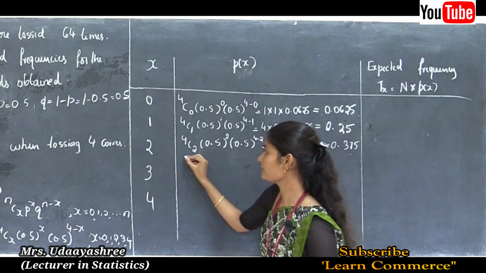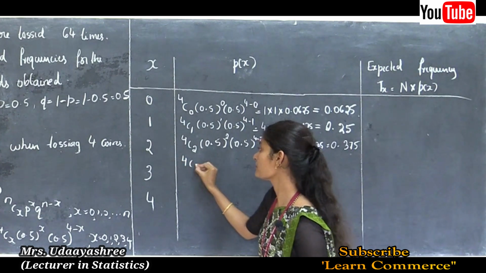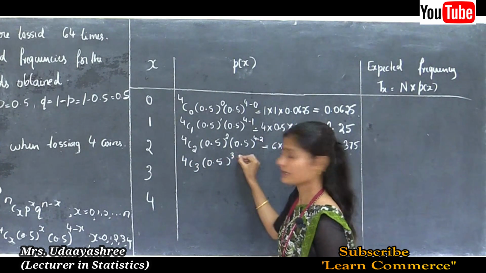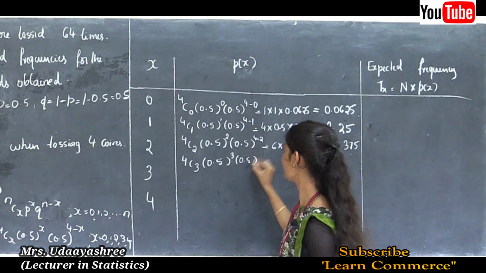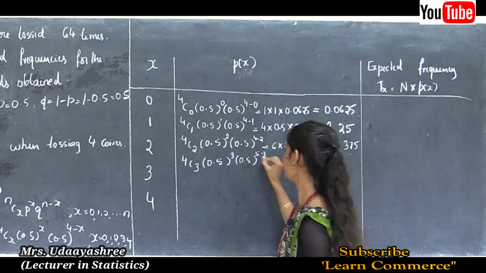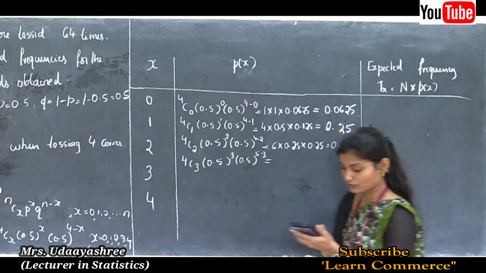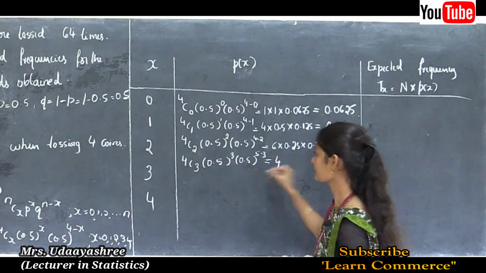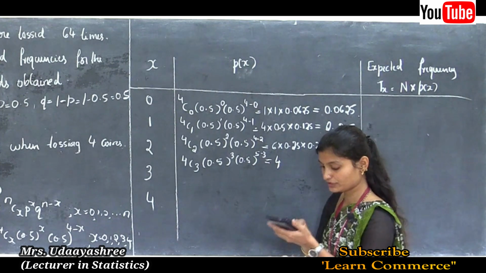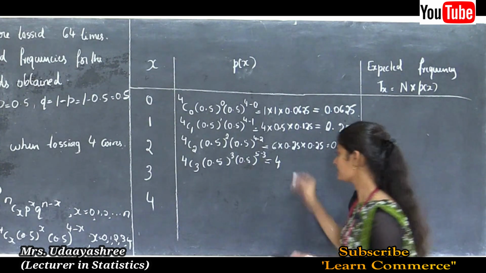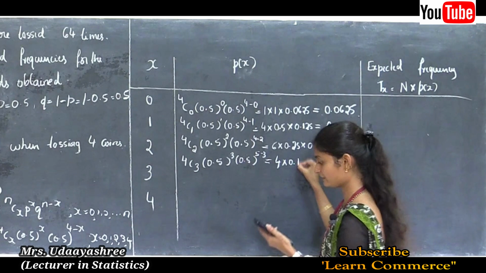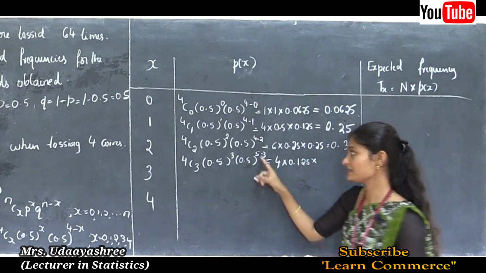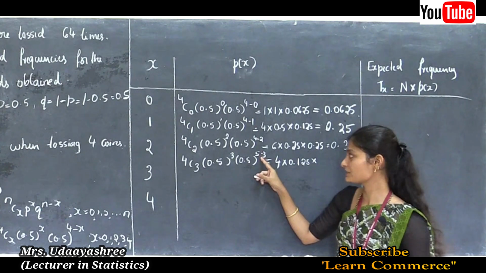Okay, next we need to calculate P of x is equal to 3, that is P of 3. So in PMF, 4C3, 0.5 to the power 3 and 0.5 to the power 4 minus 3. This is equal to 4C3 is 4, then 0.5 to the power 3 is 0.125, into 0.5 to the power 4 minus 3.